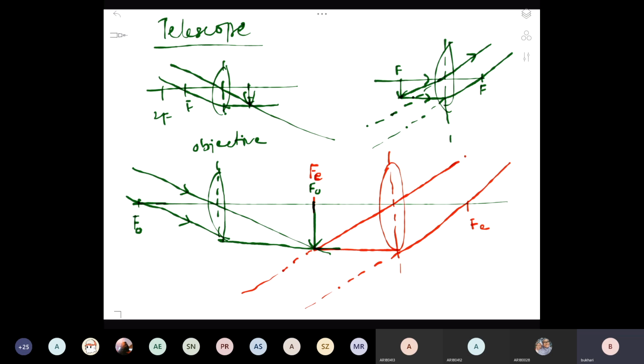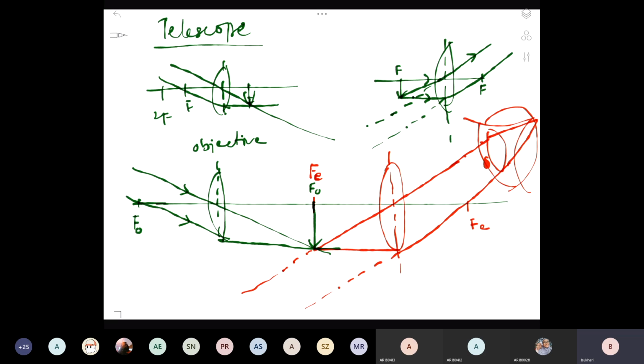So how do you see the image? Because here is your eye. Remember, your eye has a retina, and it also has a lens over here. It will be refracted to your retina, and then you can see the image.